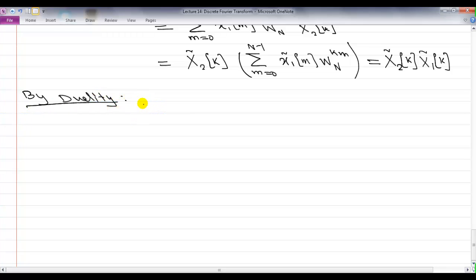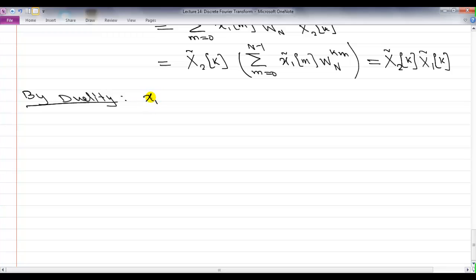So if I multiply two periodic sequences in time, by duality, it will follow that the discrete Fourier series coefficients will be given by periodic convolution of the discrete Fourier series coefficients of the individual ones.